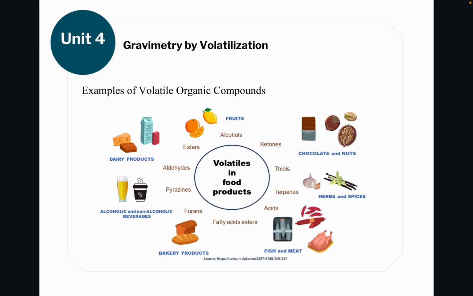So let's go back to the characteristics of volatile compounds. As I have mentioned, they have high vapor pressure, which means they have a tendency to vaporize quickly even at standard temperatures and pressures. When we say that they have low boiling points, it means that these compounds generally have low boiling points, allowing them to evaporate easily.